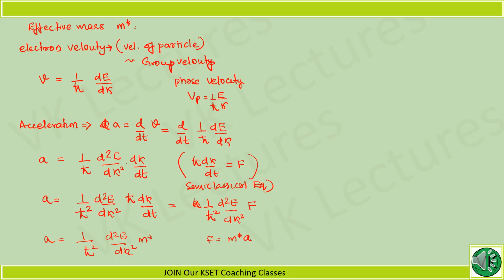So a gets cancelled, bring m star to the left, and what we get is 1 by m star equals 1 divided by h cross square d square E by dk square. So this is the equation for effective mass.